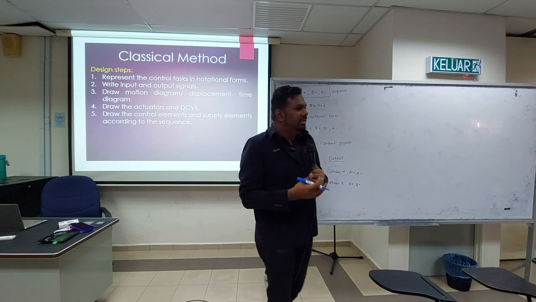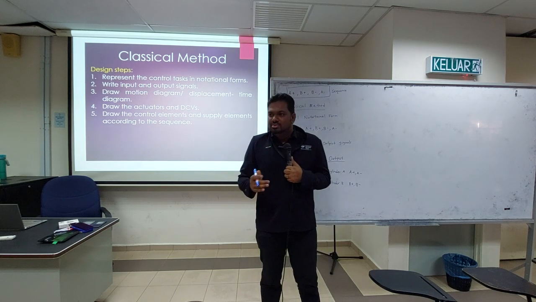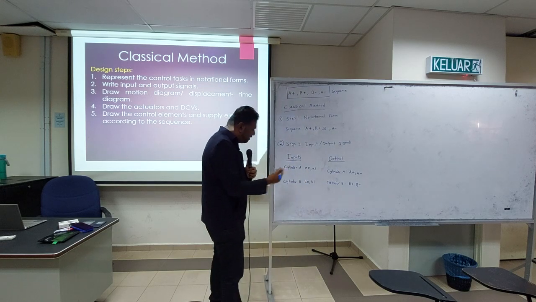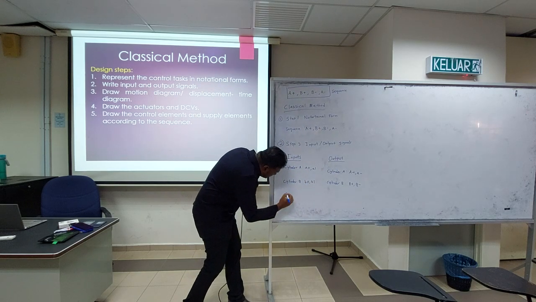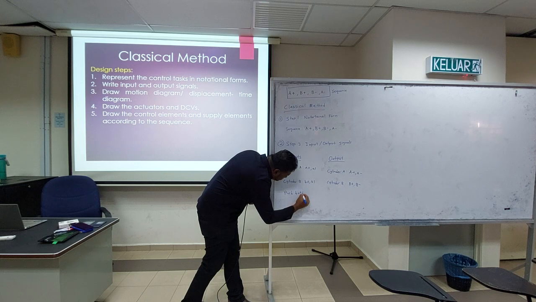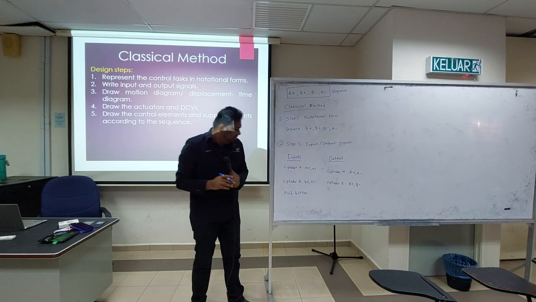So I think you are familiar with fluid sim software now. So you can choose what will be the input. So normally will be human input lah. So let's say here I put push button. So maybe push button lain lah.